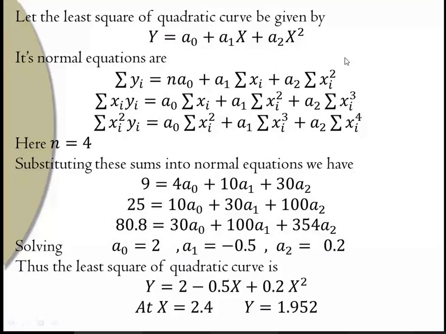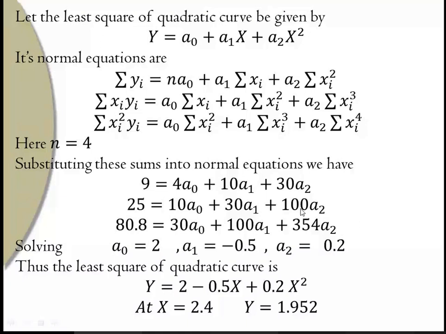Now, how will a multiple choice question be asked on this? We are given the equation of a quadratic curve, and it may be asked what the normal equations are, or we are given all the summations, and then it may be asked what a0, a1, a2 are. Generally, up to two variables, meaning up to a line, it may be asked to solve two equations in two unknowns.